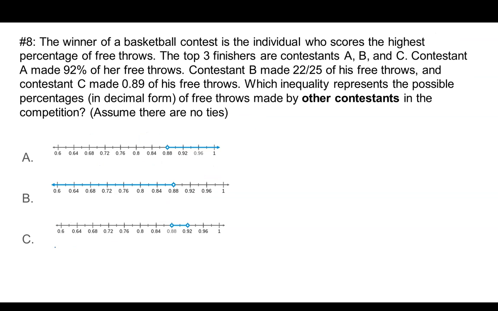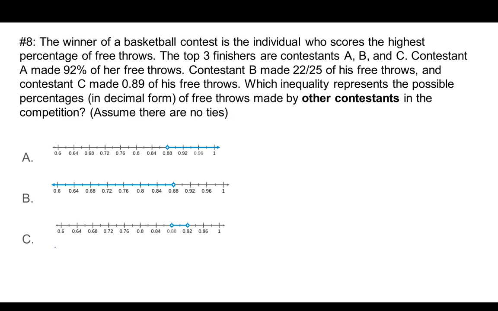Number 8. The winner of a basketball contest is the individual who scores the highest percentage of free throws. The top 3 finishers are contestants A, B, and C. Contestant A made 92% of her free throws. Contestant B made 22 out of 25 of his free throws. And contestant C made 0.89 of his free throws.